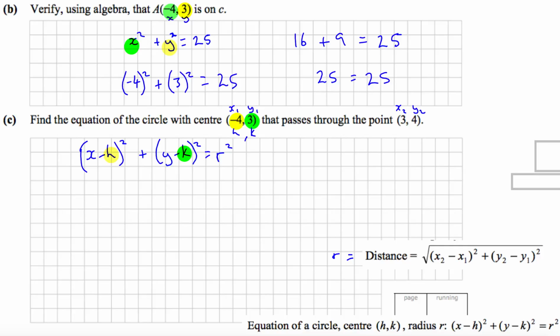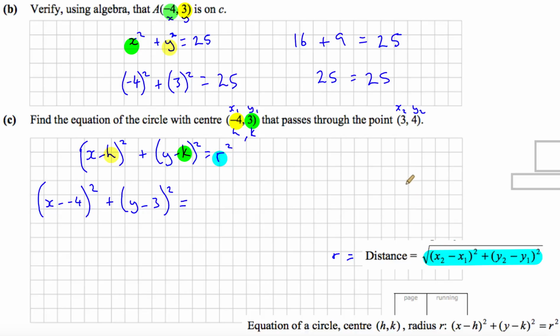So we can get to work. We've got x minus h, which is x minus -4, all squared. Plus we have y minus our k value, which is 3, all squared, and that's going to be equal to the radius squared.